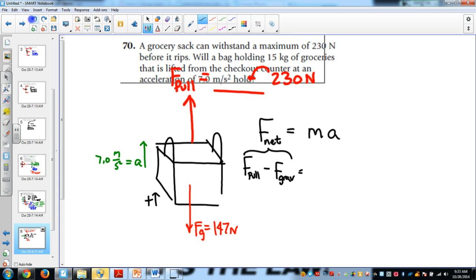The mass of everything is 15. Maybe I'll just leave it as a bunch of variables to begin with, and I'll fill everything in. I don't know the force I'm pulling with. I know that gravity is 147, and I know that the mass is 15, and I know that the acceleration is 7. So when I take 15 times 7, I get 105.